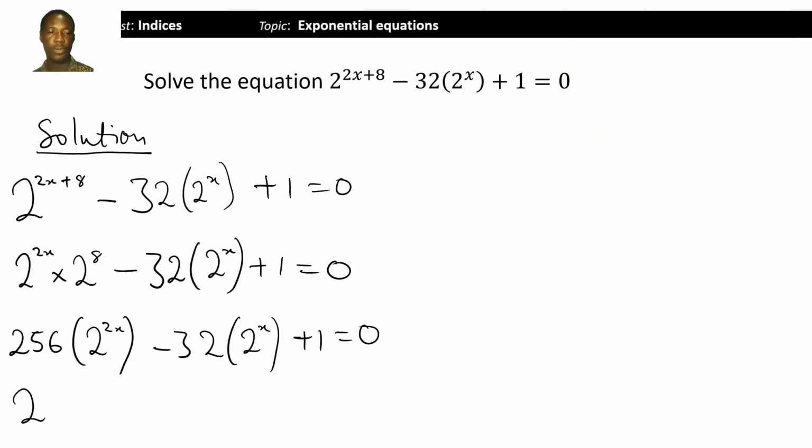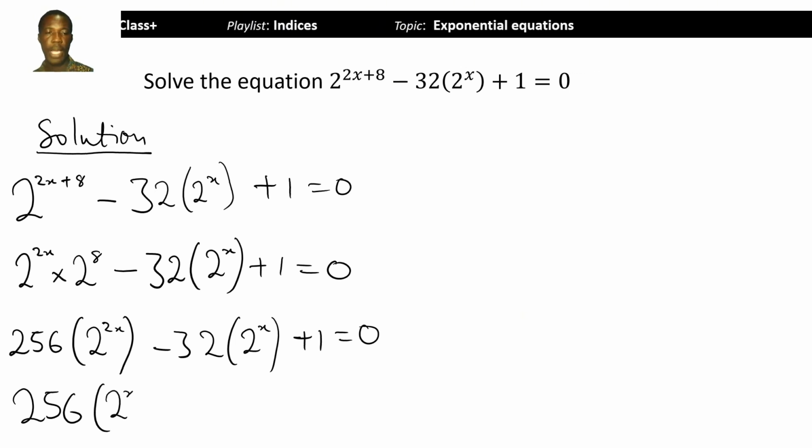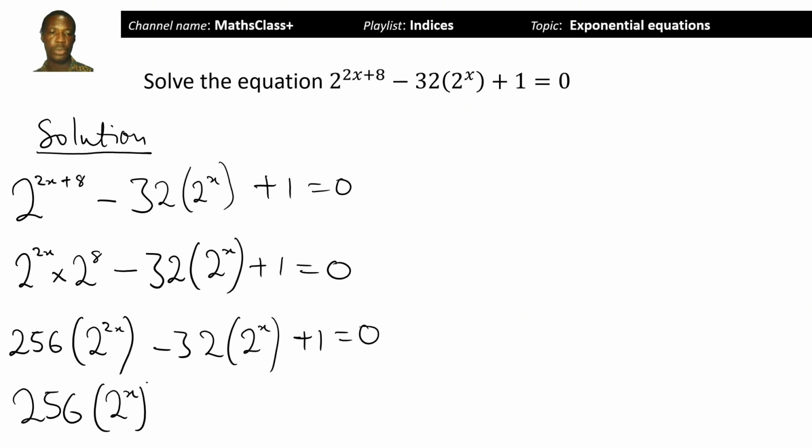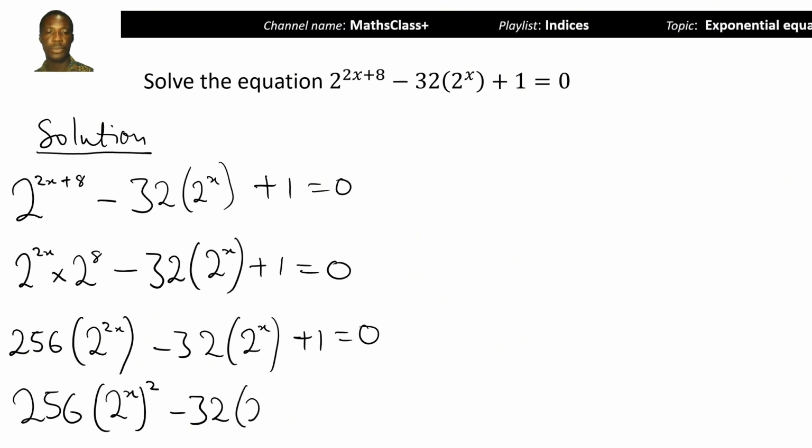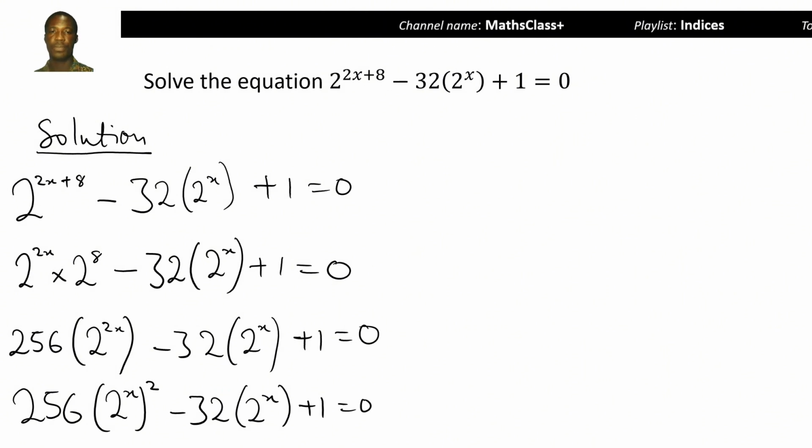So I can write 256 in bracket 2 to the power x and to the power 2 here. Then I continue, plus 1 equals 0.